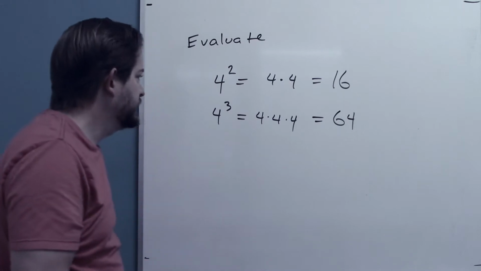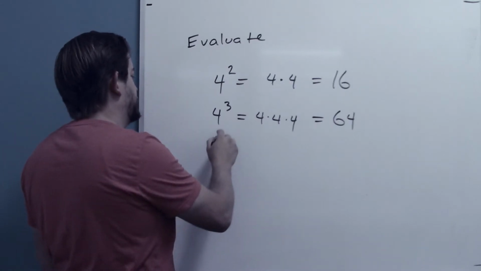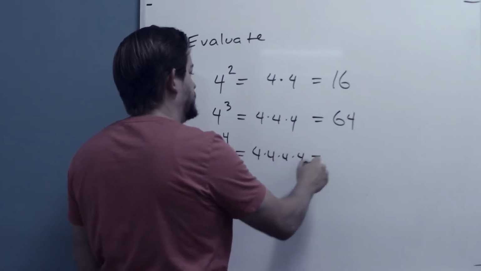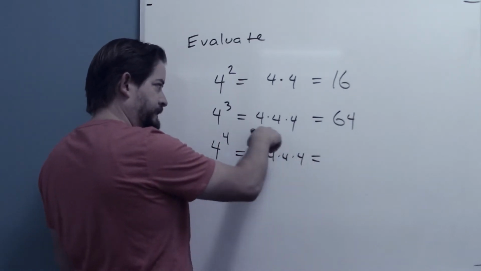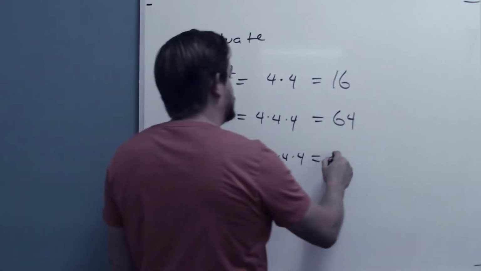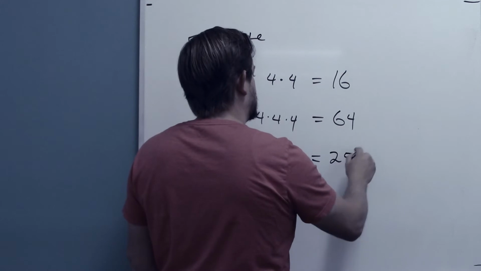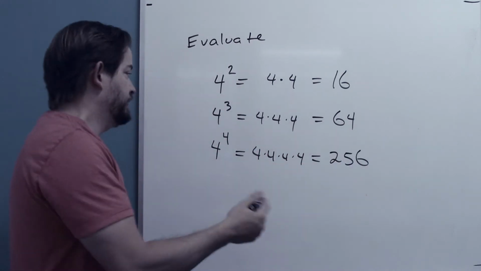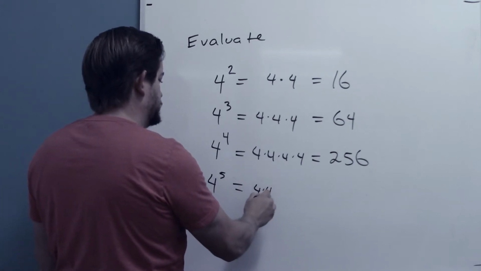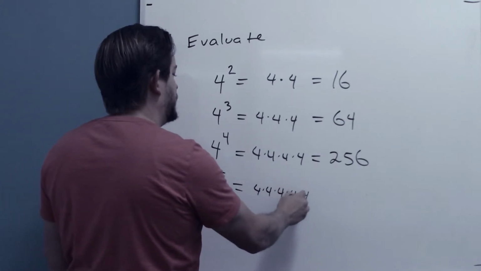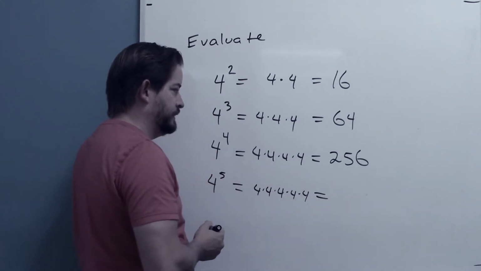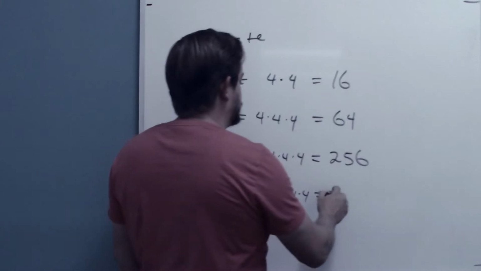A little bit bigger. 4 to the 4th is 4 times 4 times 4 times 4. That would be 64, because that's 4 times 4 times 4, just times another 4. Right? And that's 256. So that's a bigger jump there. And if I keep going, let's go 4 to the 5th. That's just 4, 2, 3, 4, 5 4s. But 4 4s was 256. Times 4 again is 1024.